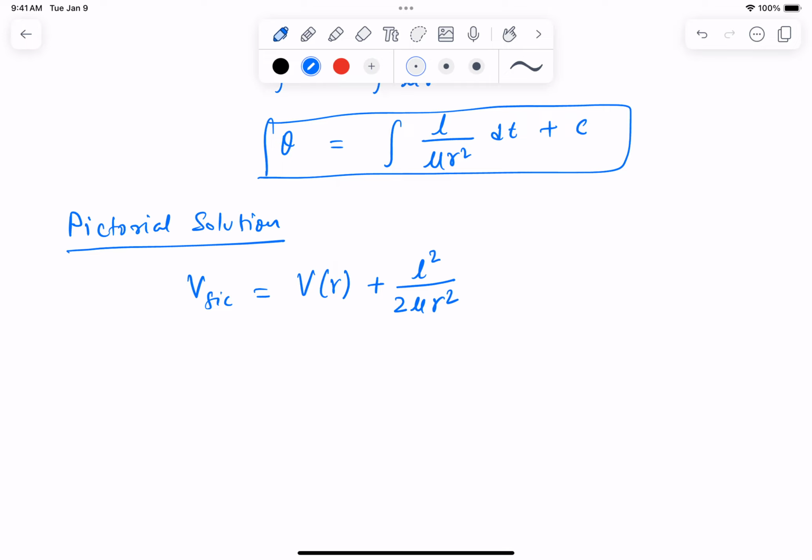Now remember that if you have some potential, for example the simple harmonic oscillator, with the simple harmonic potential V(r) as a function of r, then we know that the motion is simple harmonic because the minimum of the potential is here, let's say at r0, and if you take an object and put it here at some position which is not equal to r0, then this object, because it wants to go down, it wants to reduce its potential energy, so it would go down, and as it loses its potential energy, it will gain in kinetic energy.